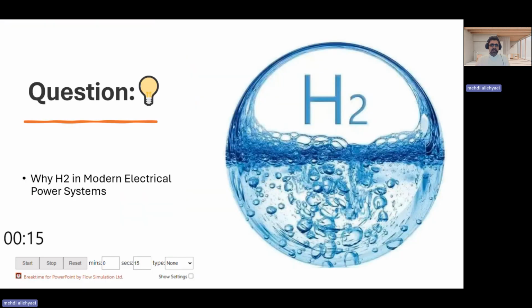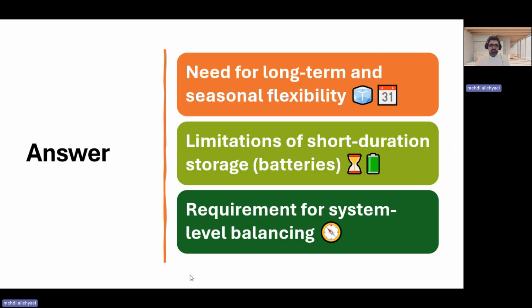So we have then another question. So why H2 in the modern electrical power systems? For this, we have three answers shown on this slide. H2 provides long-term and seasonal flexibility in the power systems. Batteries are very effective for fast and short-term balancing, such as handling hourly or daily changes in electricity demand and renewable generation.